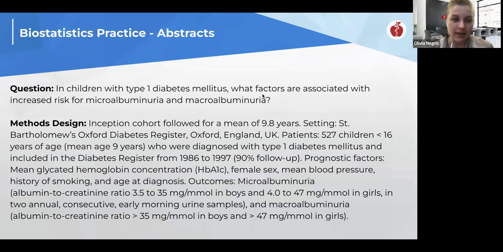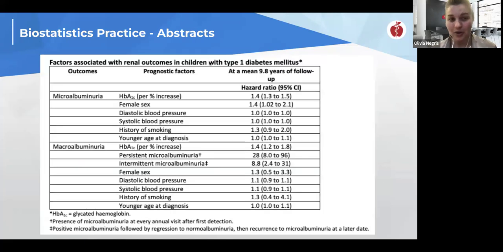The question is, in children with type 1 diabetes, what factors are associated with increased risk for microalbuminuria and macroalbuminuria? So my approach to looking at these is I like to read the question, and then for the sake of time, I like to toggle over to the tables.